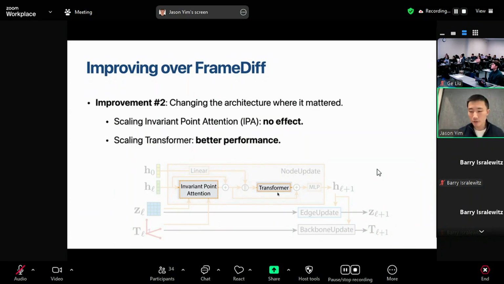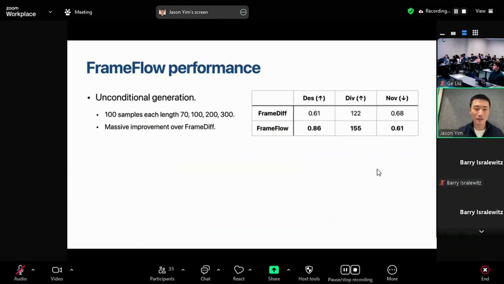This is not too surprising to people in other domains like images and language, where the transformer is a very good scaling architecture: if you add more parameters, then it typically does better. This was surprising to people who work on proteins and want to stay as physical as possible. But numbers speak louder than words, so scaling the transformer just performed better in this context.